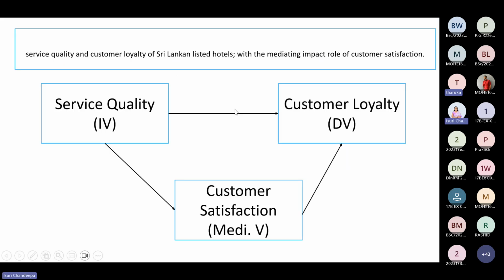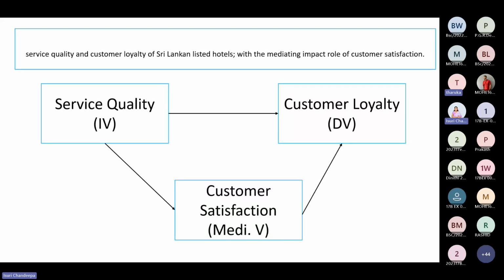Okay. So if we have taken customer loyalty as a DV, customer satisfaction as a mediator, and service quality as the independent variable, you can develop the research topic like this: service quality and customer loyalty. No need to take the impact.